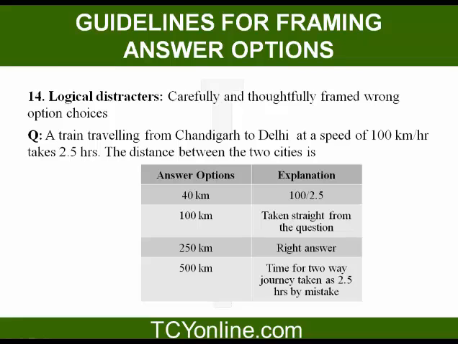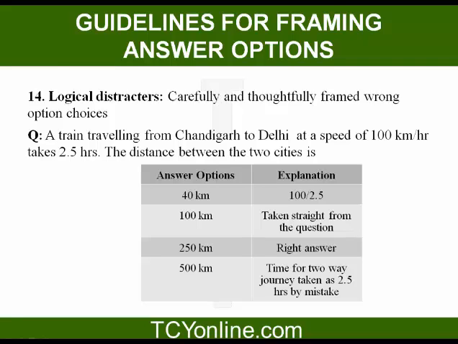Consider the following question. Question: A train traveling from Chandigarh to Delhi at a speed of 100 km per hour takes 2.5 hours. The distance between two cities is: option 1, 40 kilometers; option 2, 100 kilometers; option 3, 250 kilometers; option 4, 500 kilometers. Let us now look into the reason why the options were chosen as such.